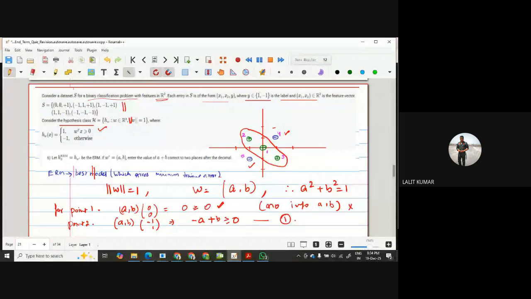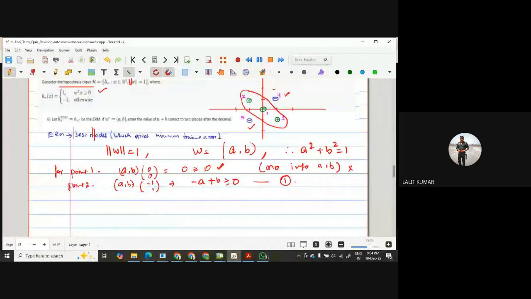And from point 3, we get (A, B) into (1, minus 1). That is A minus B is greater than or equal to 0. This is 2. Now, comparing 1 and 2, it becomes A is equal to B. Is that okay?